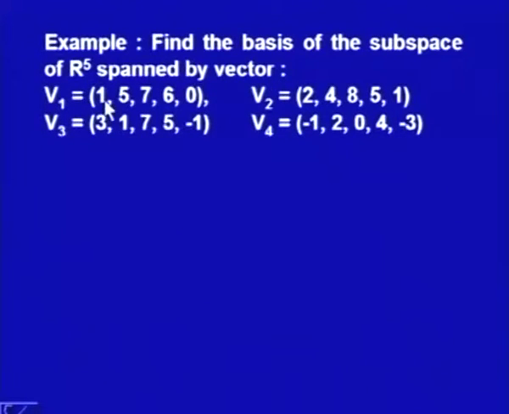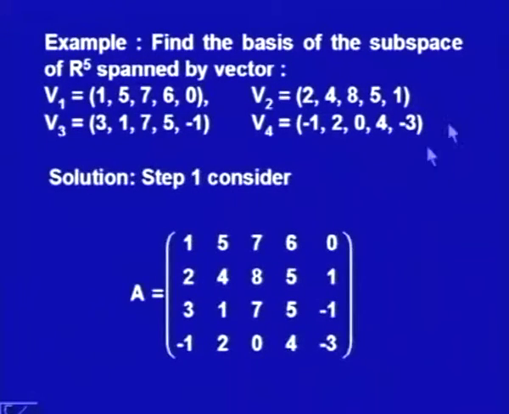V1 is 1 5 7 6 0, V2 is 2 4 8 5 1, V3 is 3 1 7 5 minus 1, and V4 is minus 1 2 0 4 minus 3. According to the first step, the first vector is written as the first row of the matrix A, the second vector as the second row, the third vector as the third row, and the fourth vector as the fourth row.